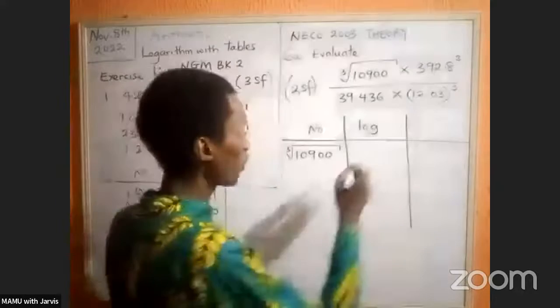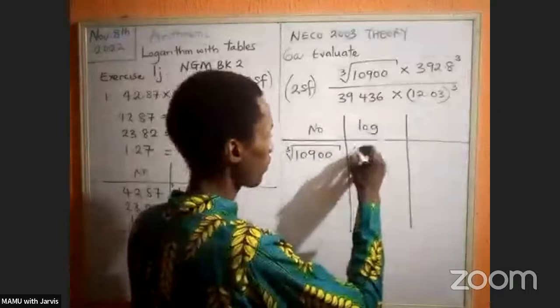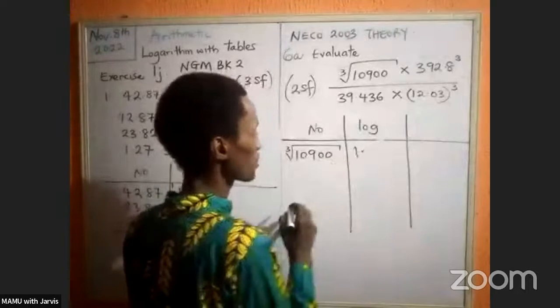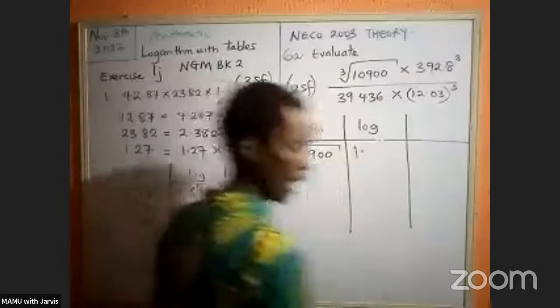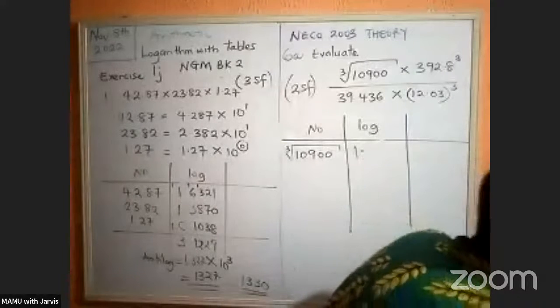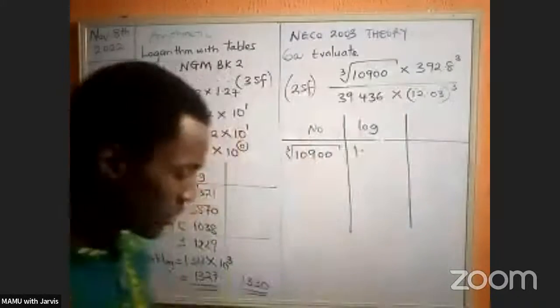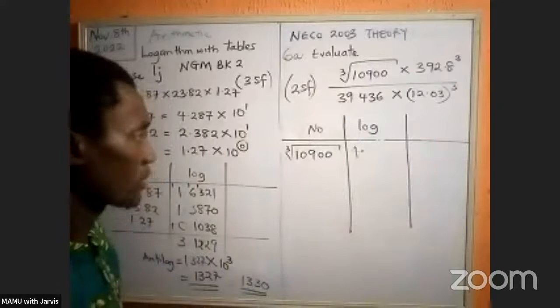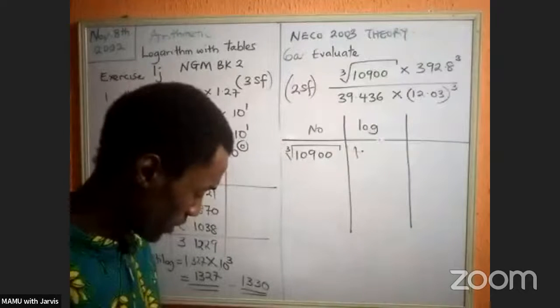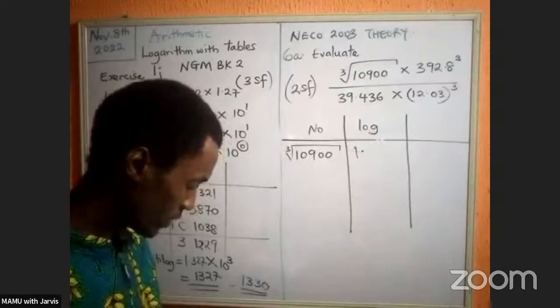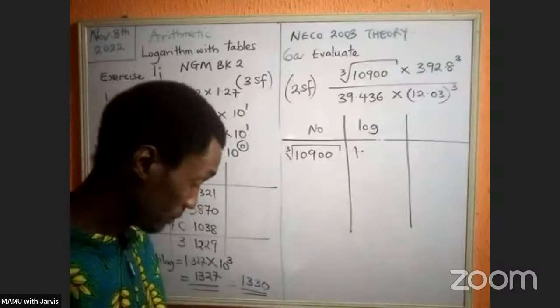So this will be 4 point what? I'm going to check the log of this number. And I'm going to check 10 under 9. Go to my logarithm table and I'll check 10 under 9.